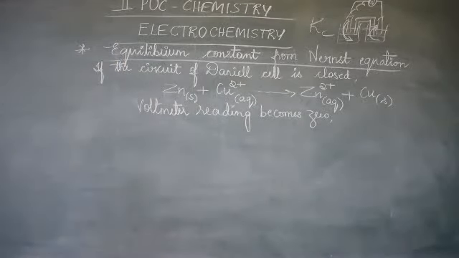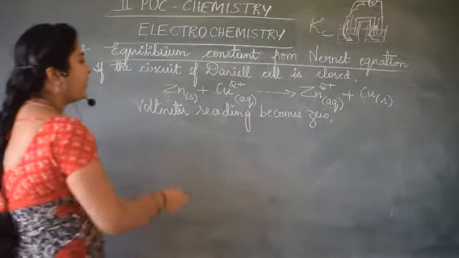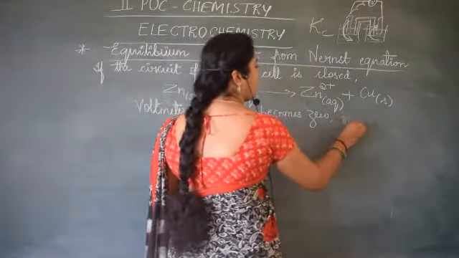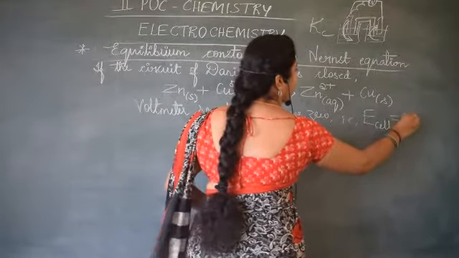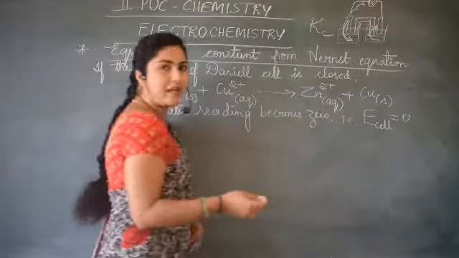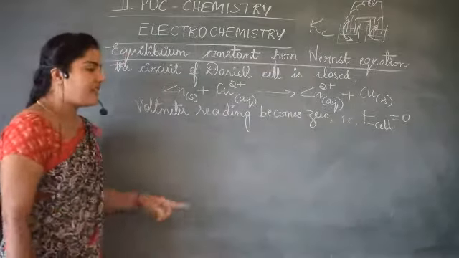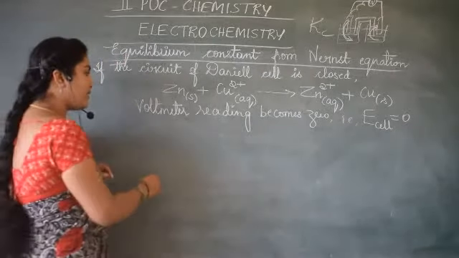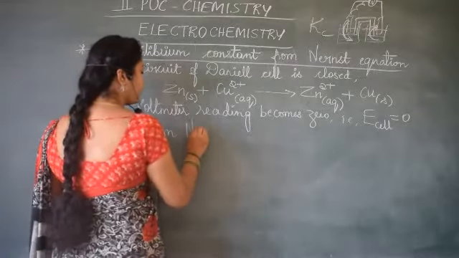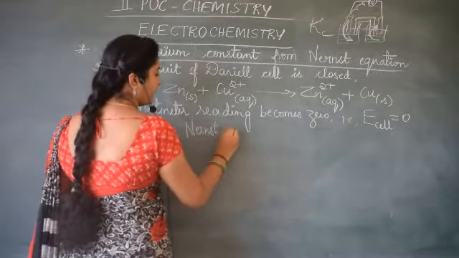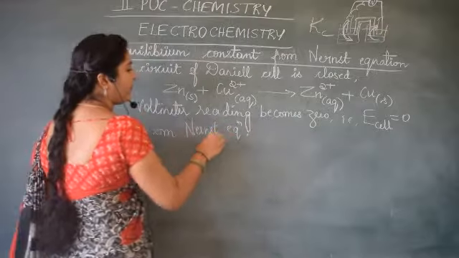Now what we have to see is what happens to E cell. E cell, that is, electrode potential or cell potential, becomes 0. Am I right? Now if you apply this value in the Nernst equation, what do we have for Daniell cell?